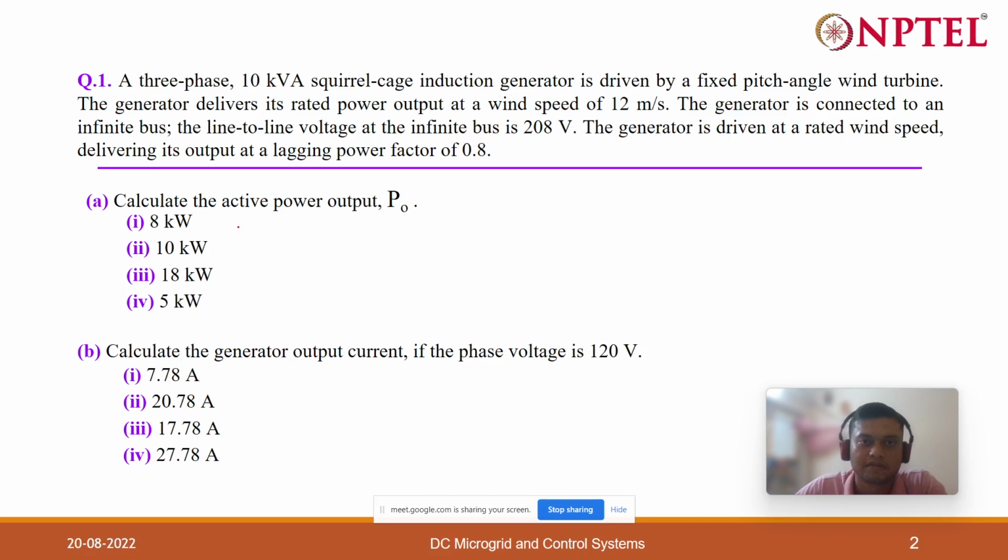Here, what we have given is the power factor, that is 0.8 lagging. We have also given the rated power of the induction generator, that is 10 kVA.